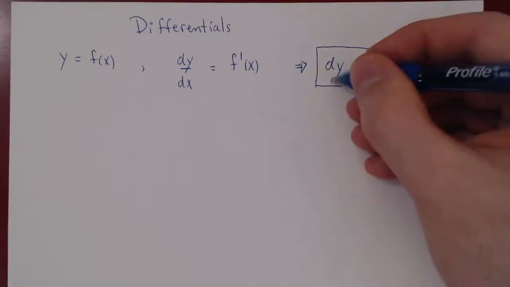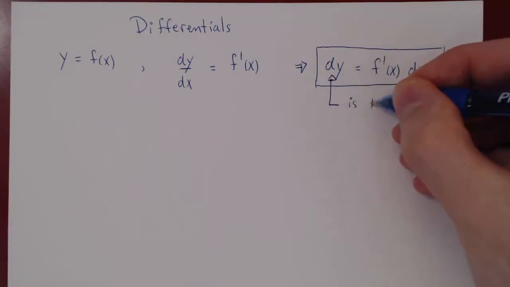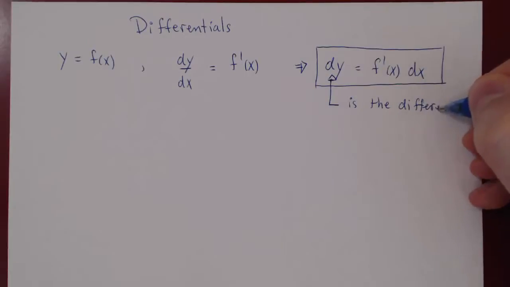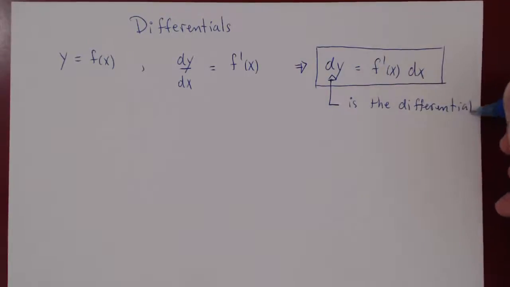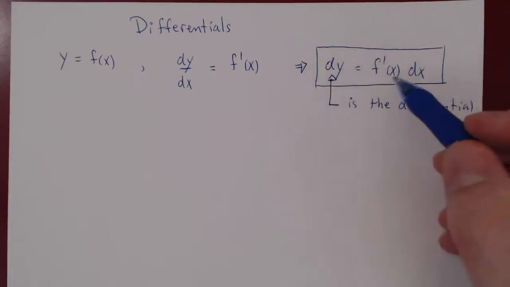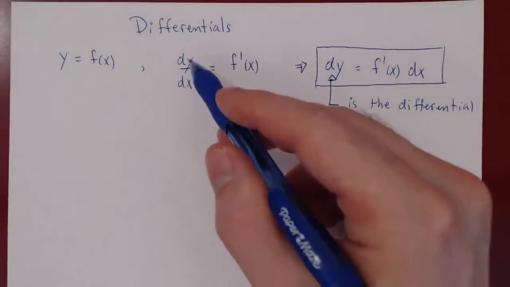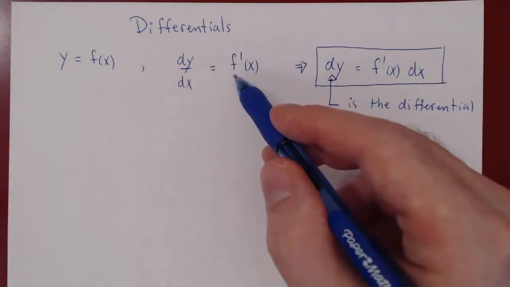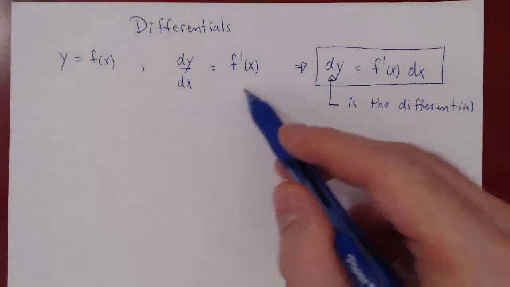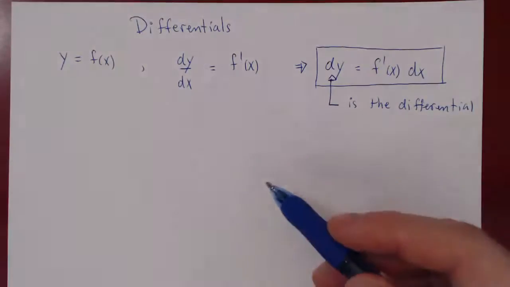And dy is called the differential of the function. That's what the differential is. The change in y is the derivative times the change in x. But always think of it as just differentiate the function, dy over dx, that's f prime. The differential is just the change in y, dy, so multiply across by dx, and so dy is f prime of x times dx.